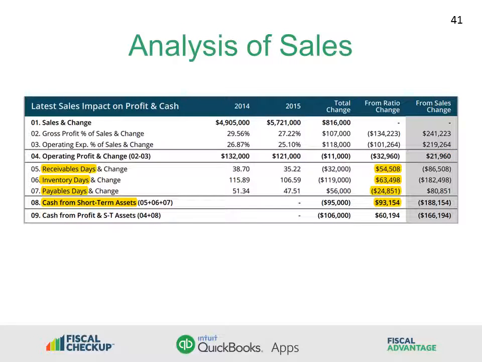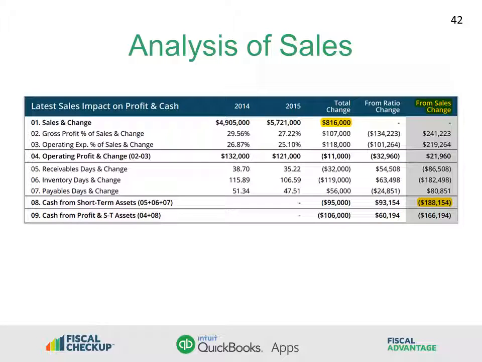A very similar analysis is calculated for the working capital accounts. Here, overall cash management due solely to ratio changes added over $93,000 in positive cash flow for this company. The improvements in receivables and inventory were used to pay their bills sooner.